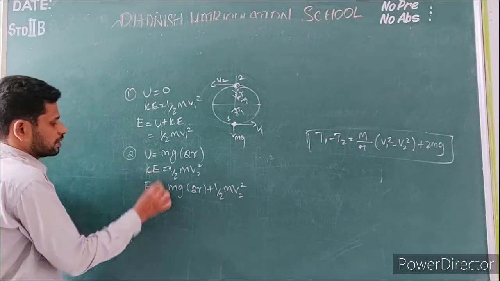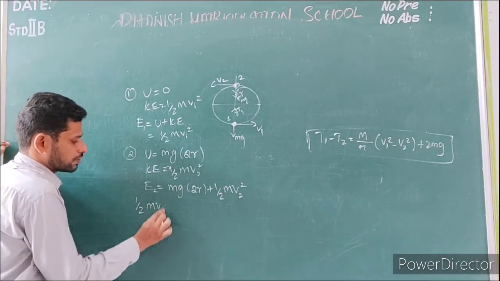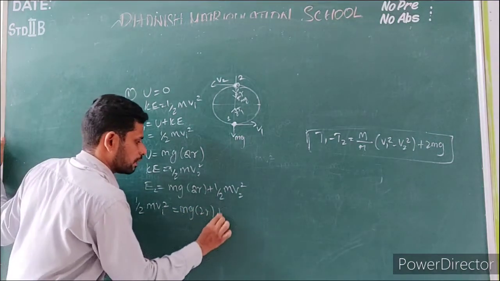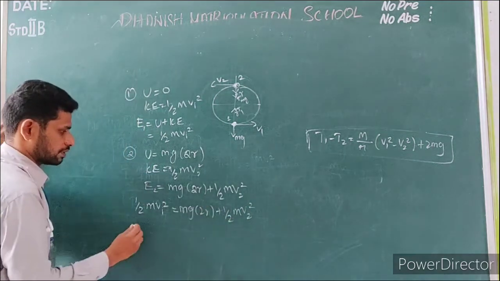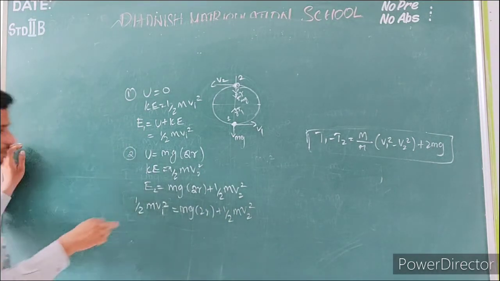Equating these two, E1 will be equal to E2, right? So half m v1 square will be equal to mg 2r plus half m v2 square. The half and m will be cancelled.